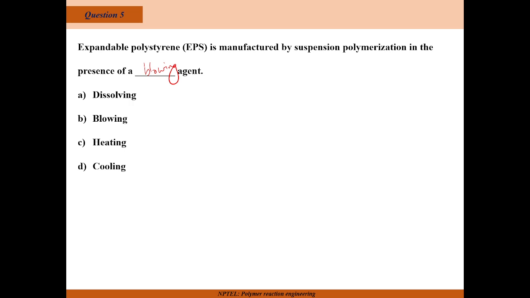When it is heated, the blowing agent vaporizes and creates tiny voids within the polystyrene beads, resulting in the lightweight and foamy characteristics of EPS. As I was mentioning, one common example of this EPS system is thermocol. Its lightweight and foamy characteristics are obtained because of the presence of the blowing agent during its fabrication or synthesis process.